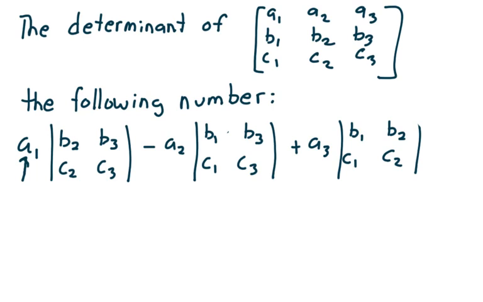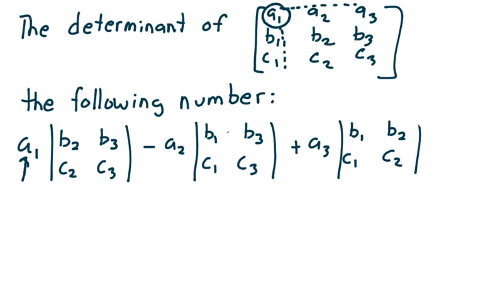Now I'm going to circle the entry in the first row, eliminate the row and the column that contains that entry, and take the determinant of the resulting matrix, which in this case is the matrix B2, B3, C2, C3.